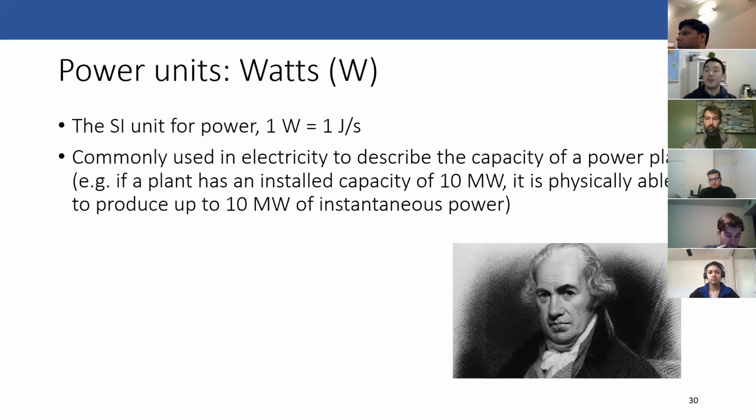As an example, if a power plant has an installed capacity of 10 megawatts, what that means is that that power plant is able to produce up to 10 megawatts of instantaneous power. So 10 megawatts translates to about 10 million joules per second. And so that power plant can produce 10 million joules of energy in 1 second.